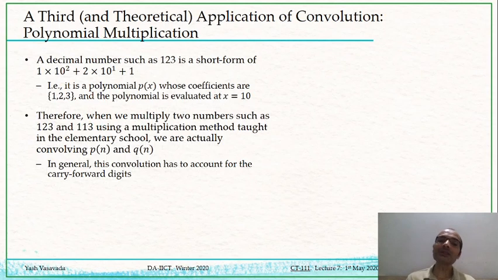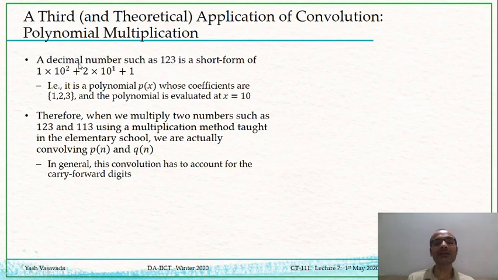But it is not only high school math. In fact, we have been doing convolution starting from our elementary school, maybe without realizing it entirely. The reason is that if you consider a decimal number such as 123, it is actually a polynomial given as this, where z is equal to 10.